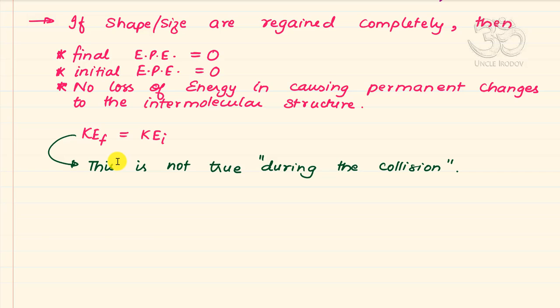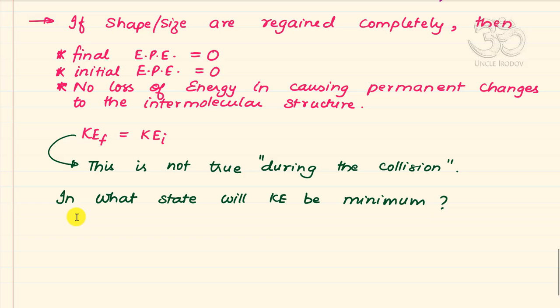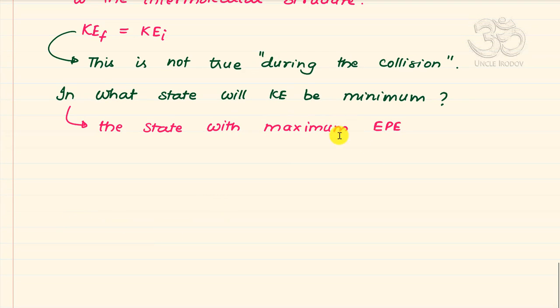Now if I ask you in what state the kinetic energy will be minimum, that is clearly the state with the maximum elastic potential energy, and the state of maximum elastic energy will be the state of maximum deformation.